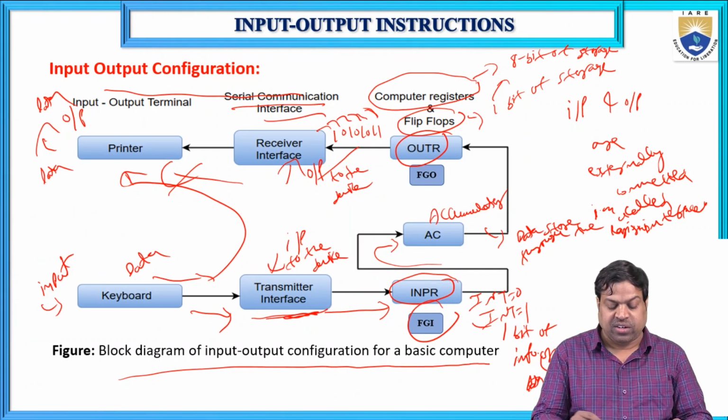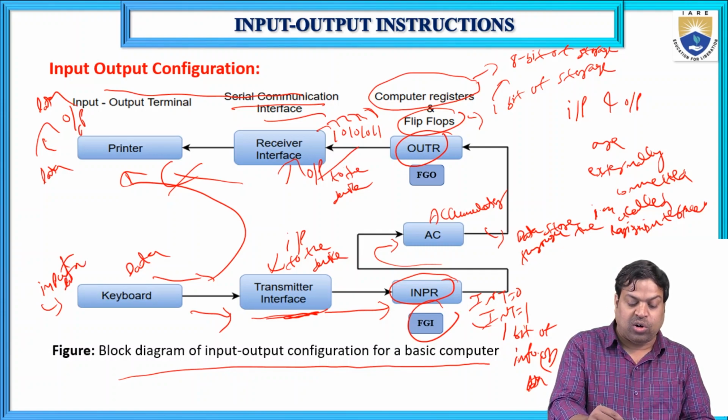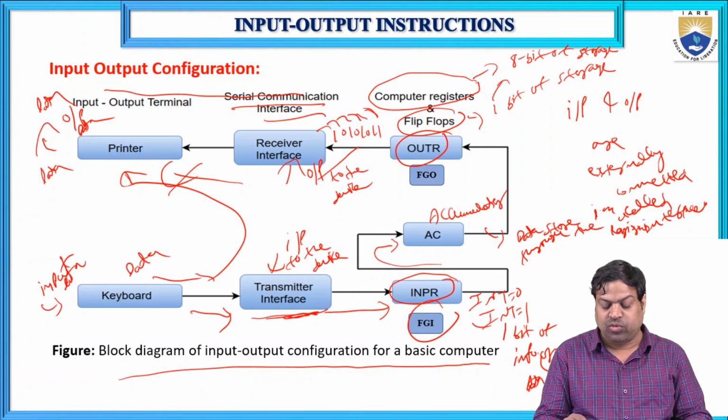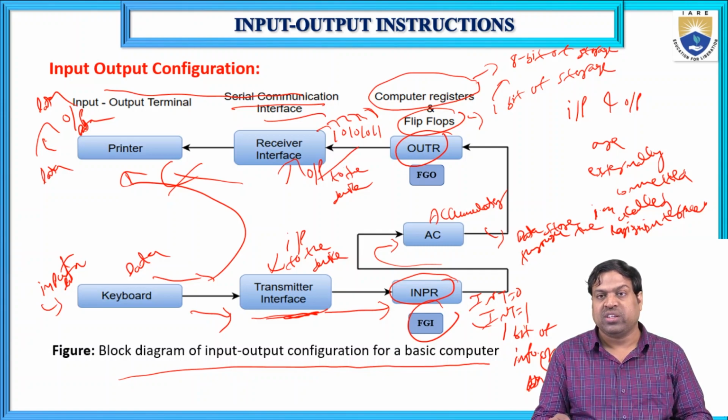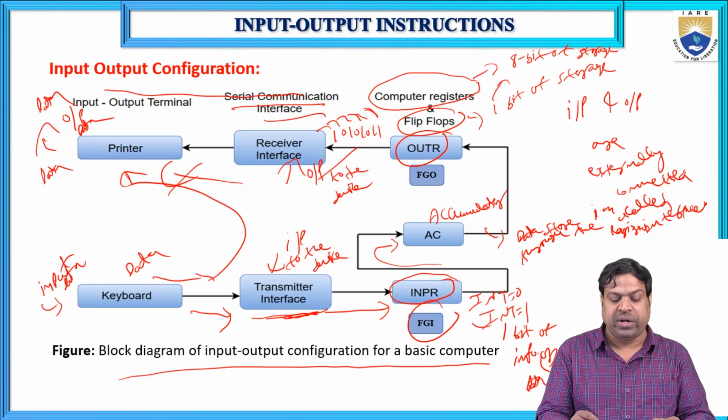And how we are connecting keyboard means input to output, input data to output data, how the process is going on. Keyboard to transmitter interfacing means we are interfacing the transmitter keyboard to computer. INPR means input register. The input data is passing through the input register to the accumulator, and this accumulator will pass the information to the output register, and this output register will pass the information to the receiver interface at the receive output stage, and it is passing through the printer output.